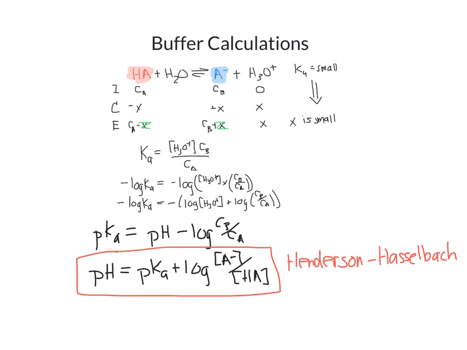And just one word of warning, you should only use this equation when you have a buffer solution. So if you do not have initial concentrations of conjugate acid and conjugate base, you cannot use this equation because we've made the assumption that we can ignore X relative to both of those initial concentrations.